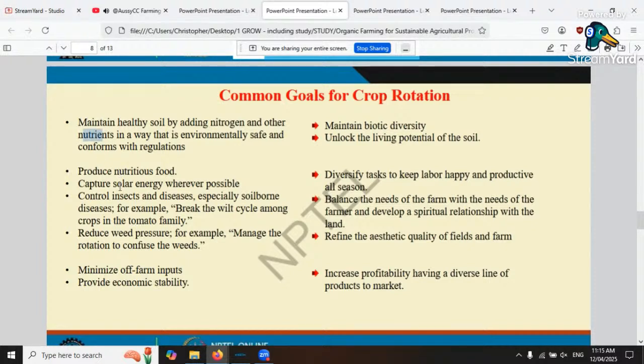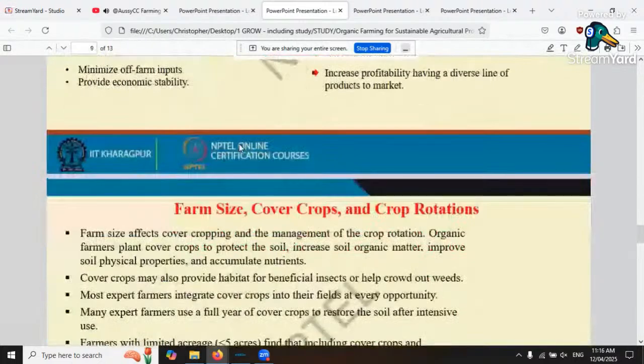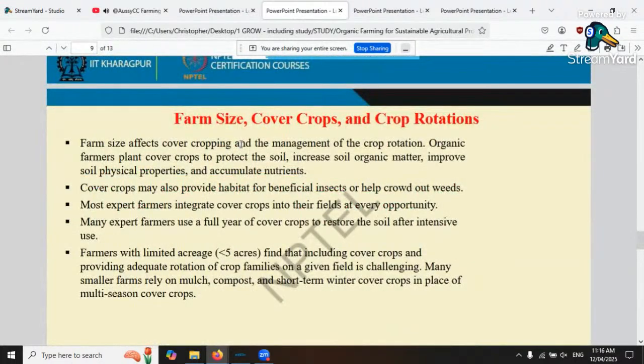Produce nutritious food, control insects. Okay, it says on the side here: attain a biotic diversity and unlock the living potential of the soil. Yes, with your microbes.